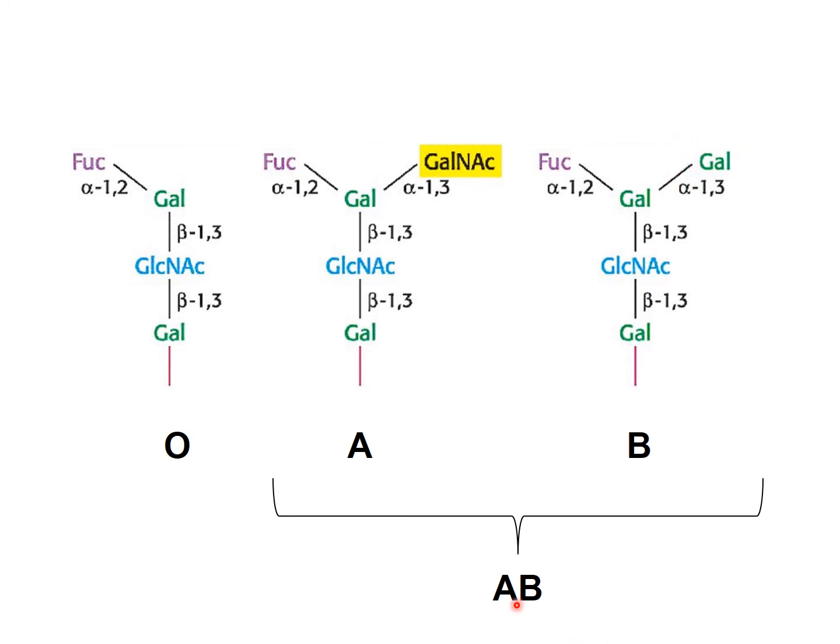And those individuals with type AB blood have both of these. Okay, so we're going to talk about the genetics of that later on in the semester. However, this shows how important the carbohydrates are, which are attached to your blood cells.